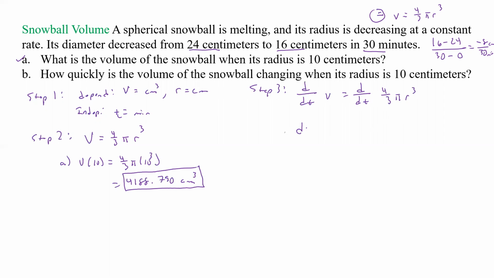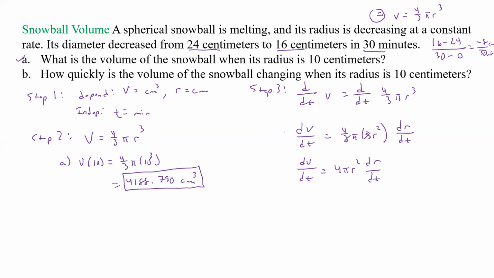Well, that gives us dV/dt equals, now the derivative of this with respect to r, that's going to bring down the 3, so we have 4/3 pi times 3r squared, and then we'll have dr/dt. Now that 3 and that 3 cancel. We have 4 pi r squared. So dV/dt equals 4 pi r squared dr/dt.